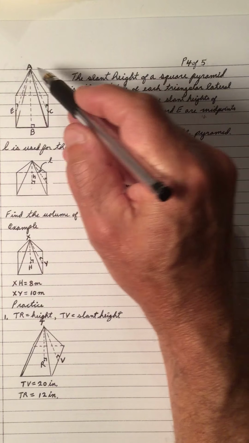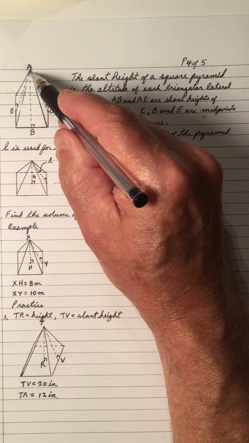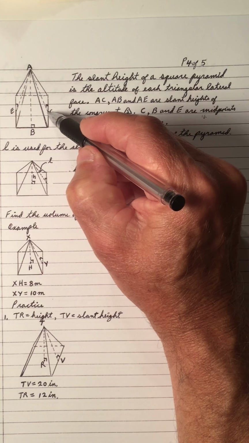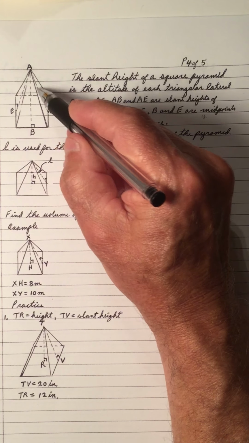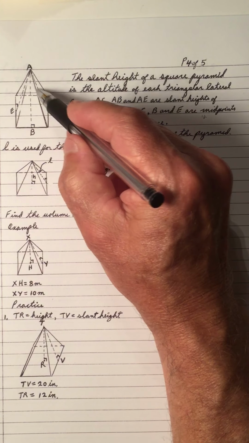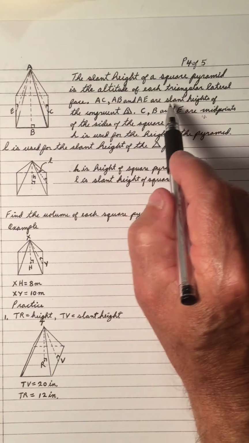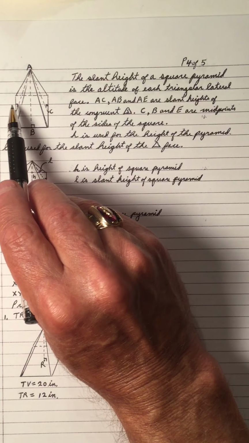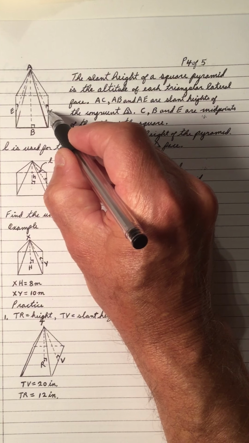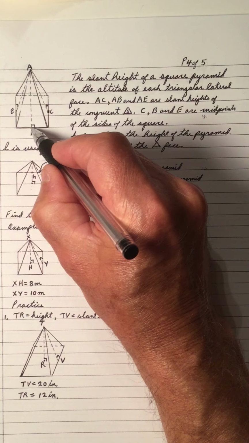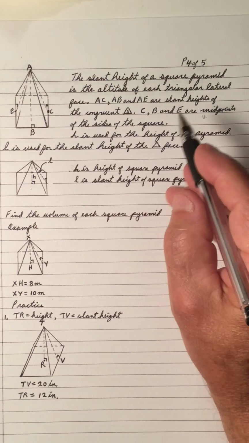Notice we have AC is a slant height, AB is a slant height, because they're perpendicular to the base in the triangle. AC, AB, and AE are the slant heights in the congruent triangles. Also, C, B, and E are the midpoints of the sides of the square.